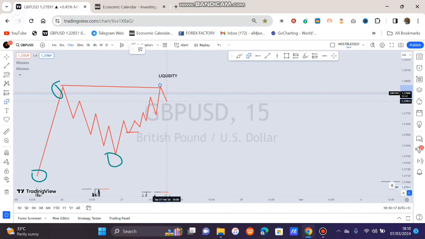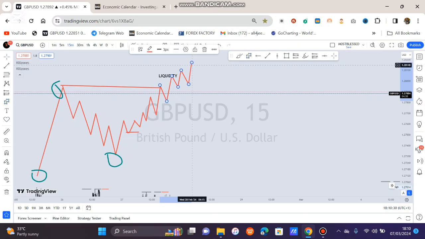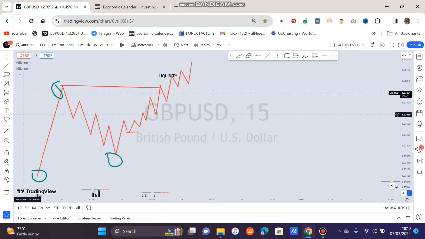You can use that high to continue and create range structure, but it does not mean that high is not still a liquidity. Every high after a major or minor break of structure is a liquidity. These are what we call inducement levels.